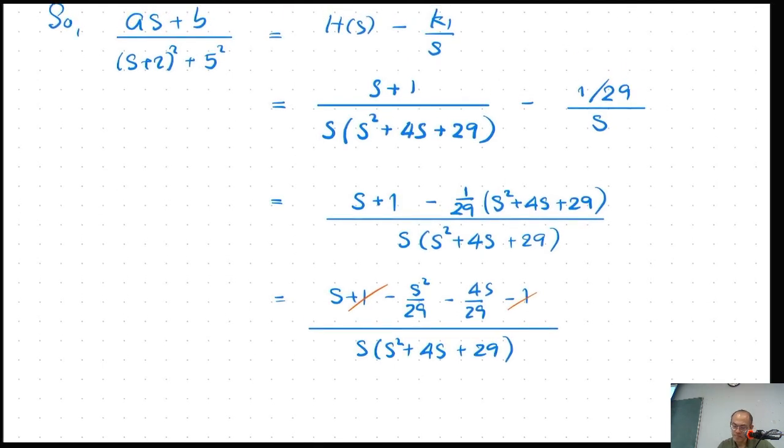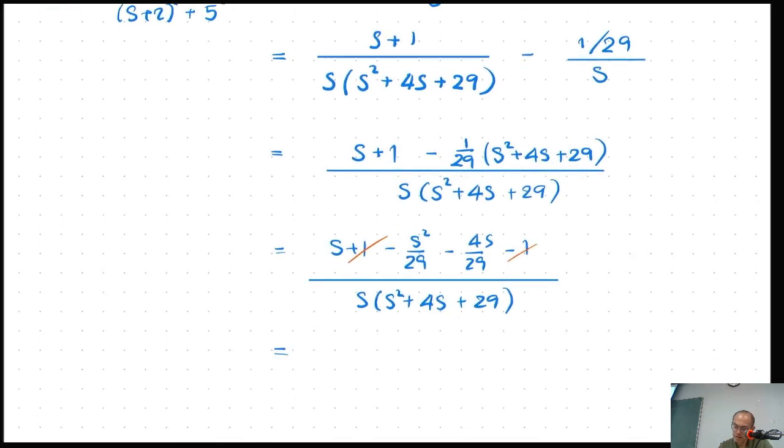So we're left with minus s squared, minus 1 over 29 s squared, minus 4 over 29s. Well, actually we have plus 25 over 4 over s times s squared plus 4s plus 29.